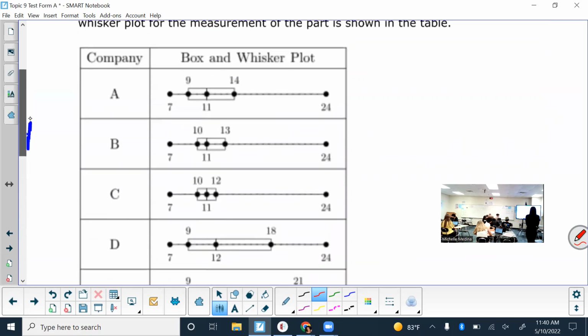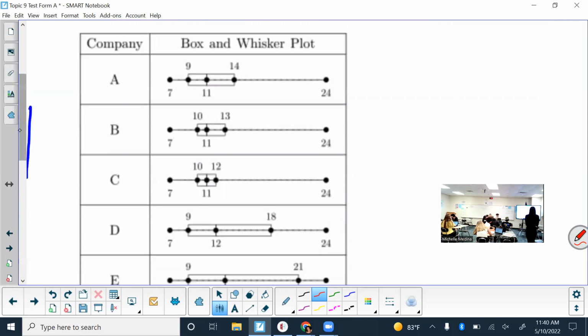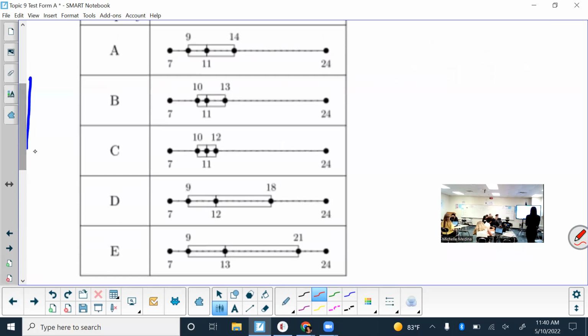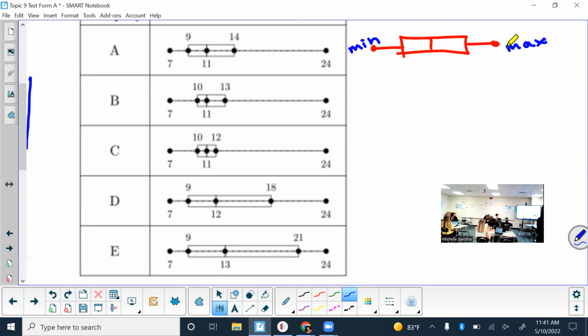So for box and whisker plots, how do you know if something has a lot of variability or not a lot of variability? What do I look at? The IQR. So if you remember, box plots are always in this format. The first dot is always your minimum, your last dot is always your maximum.